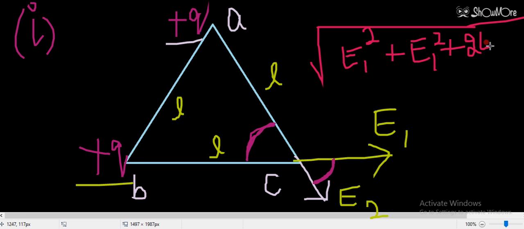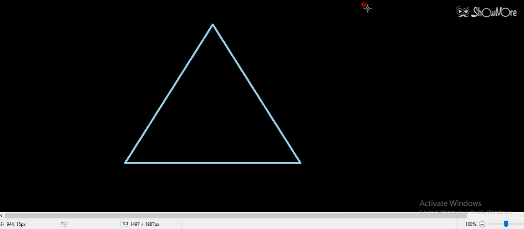Taking both E1 and E2 as E1, into cos 60, because in the equilateral triangle this angle is 60 and these are vertically opposite angles. So cos 60 is equal to 1 by 2. The 2 and 2 will cancel out. So whenever two forces are equal, then the resultant will be equal to under root 3 times.